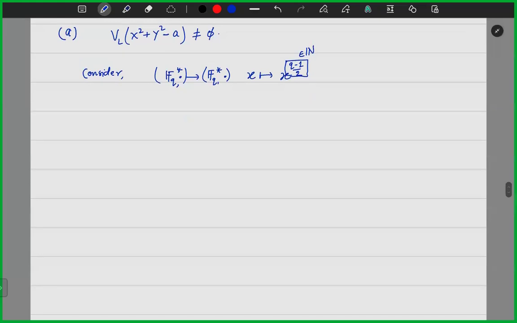What should be its kernel? This is phi, so we are interested in kernel phi.